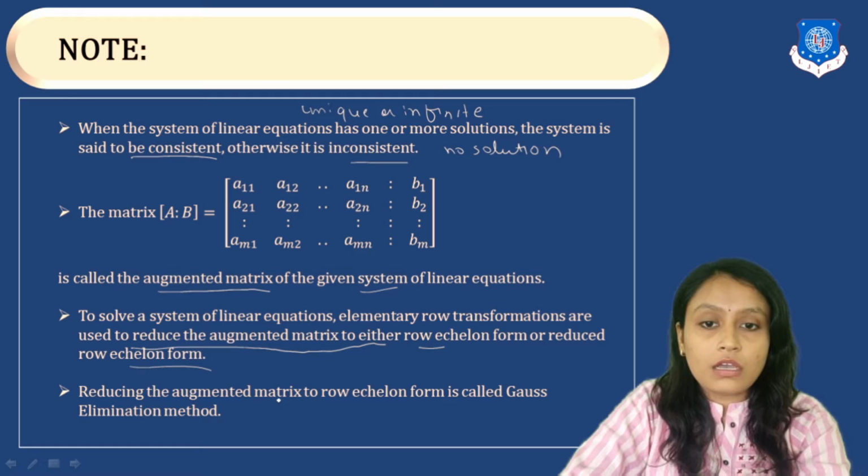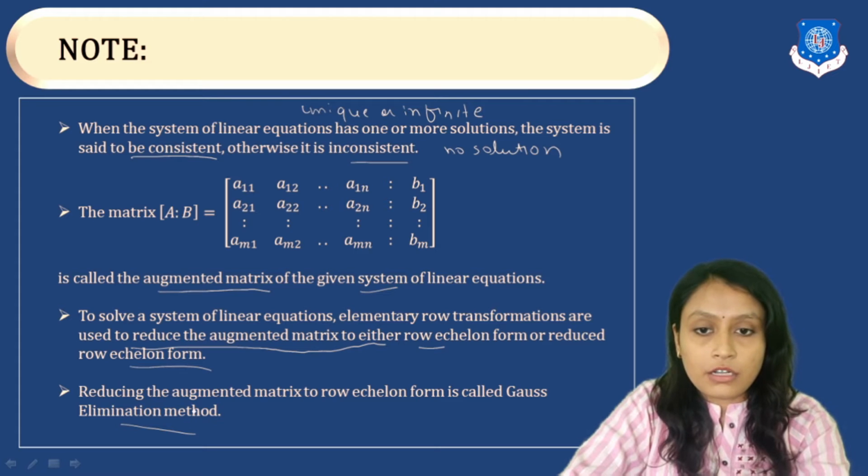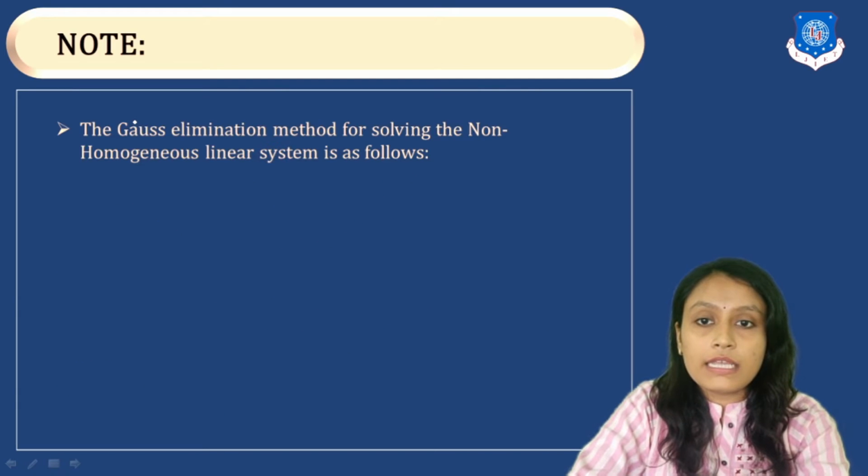Reducing the augmented matrix to row echelon form is called the Gauss elimination method. Okay, now let's study the Gauss elimination method for solving a non-homogeneous linear system.